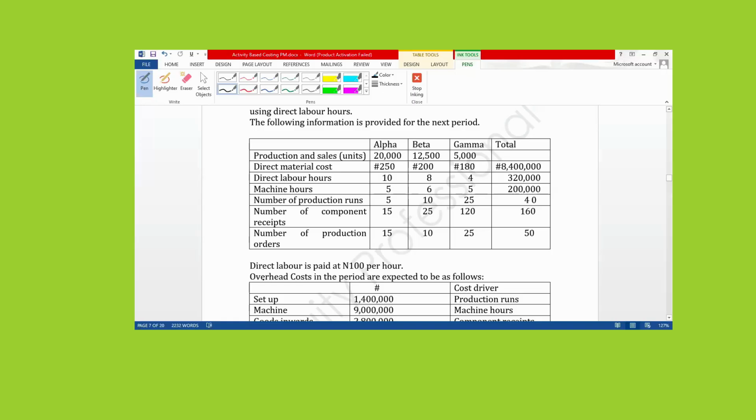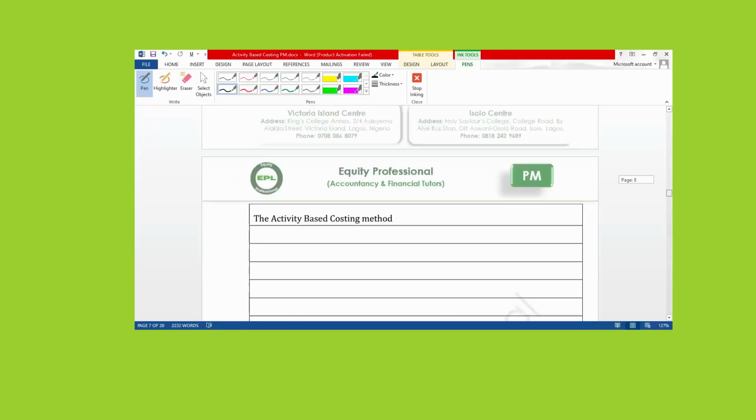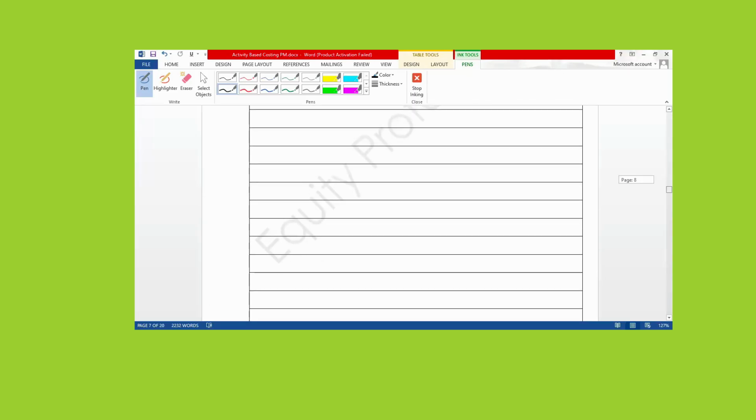And we are told that direct labor is paid at 100 naira per hour. We need to do small work here. Let's come down small here.